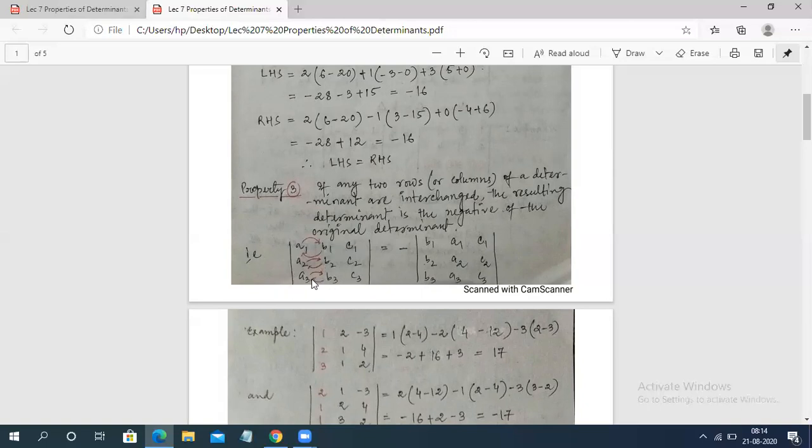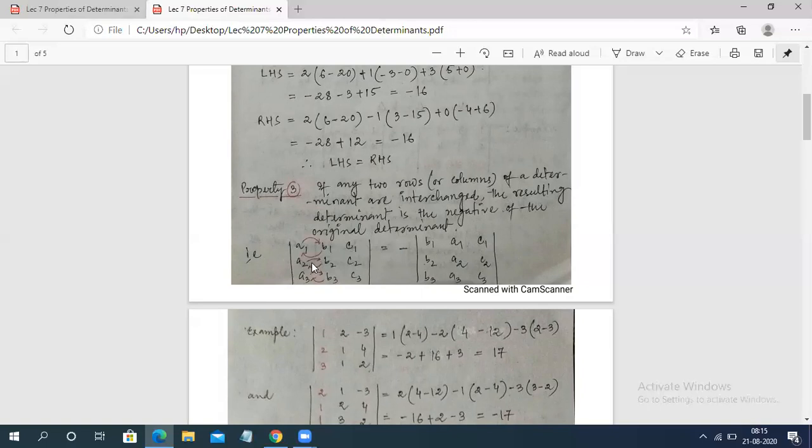Now, if you want to change the first column into the second and the second column into the first, that means you are interchanging the positions of C1 and C2. Then the determinant value will change with a negative sign. That means for one interchanging of rows as well as columns.